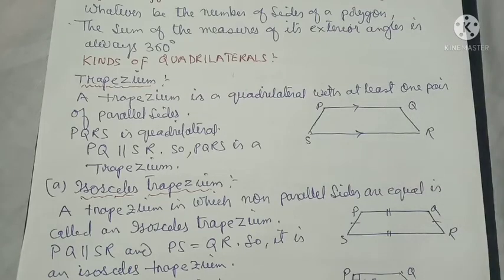If there is one pair of parallel sides in any quadrilateral, then that figure is said to be a trapezium.